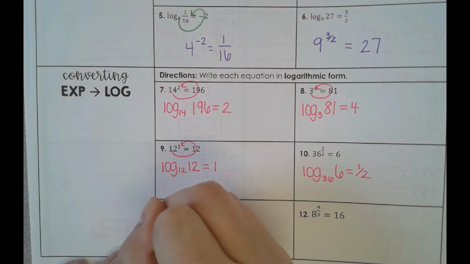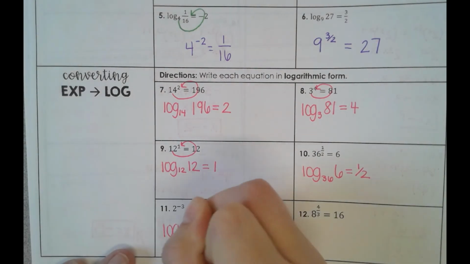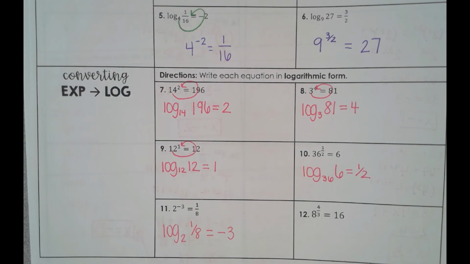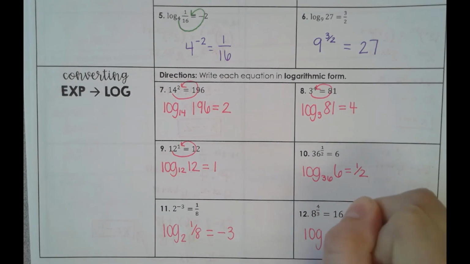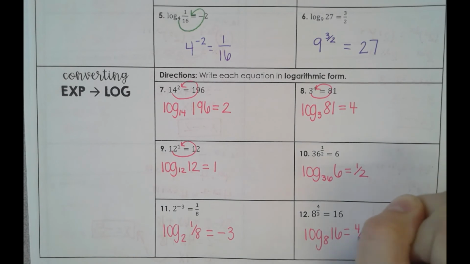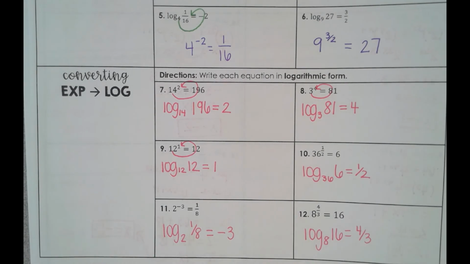Number 11, log base 2 of 1/8 equals -3. And number 12, log base 8 of 16 equals 4/3.